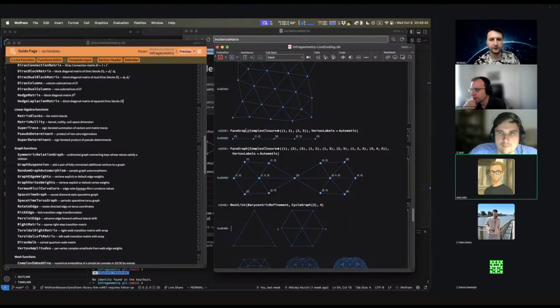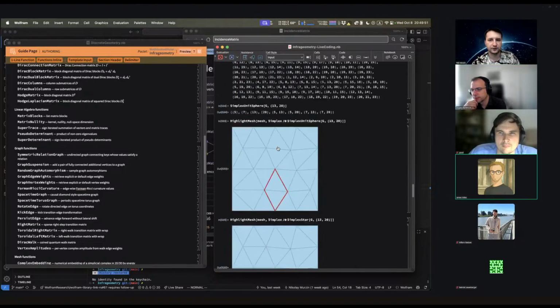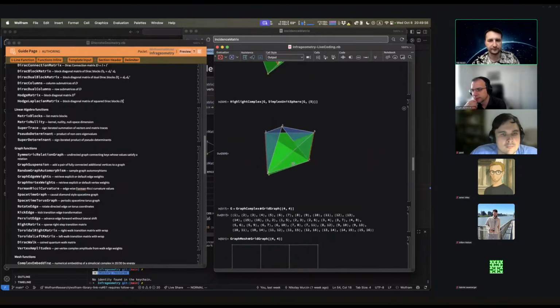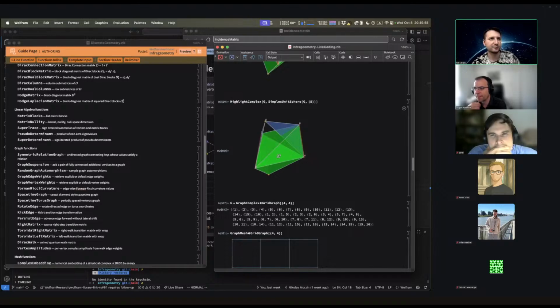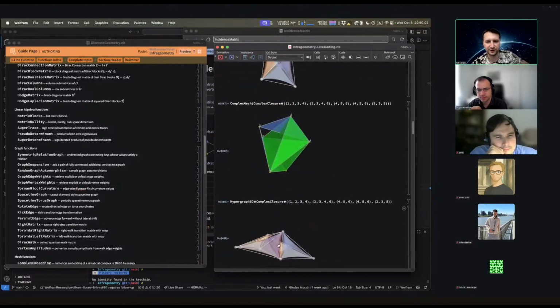You mean more than a triangle face? Well, in 3D you visualize it as a tetrahedron, like this green thing, right? In 4D it's going to be problematic. Then we have to go into hypergraph visualizations like that.